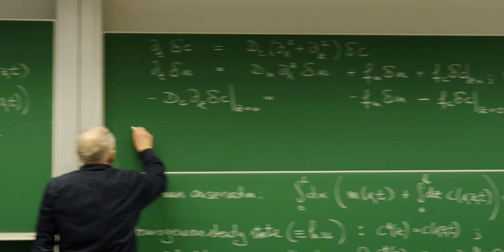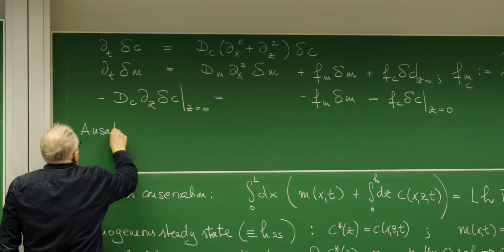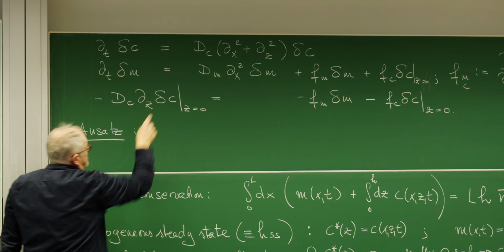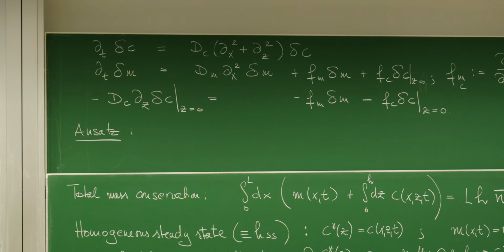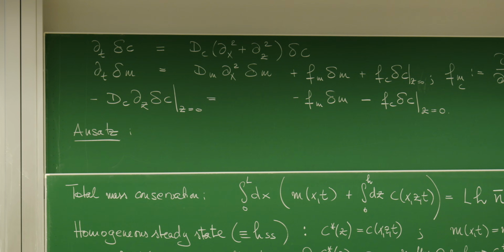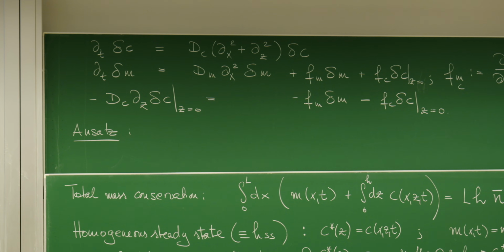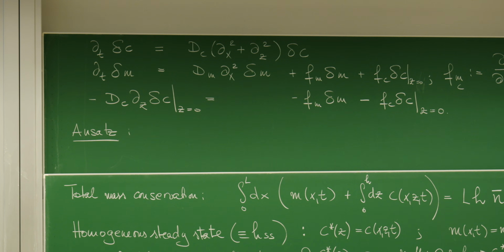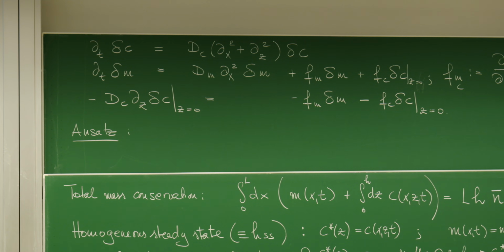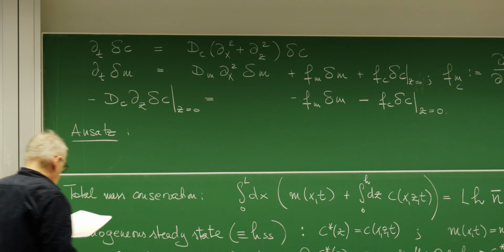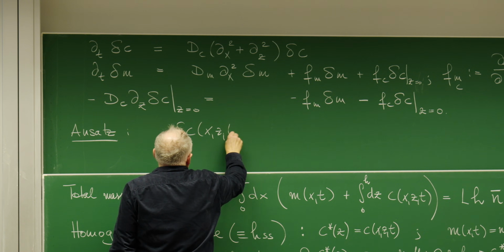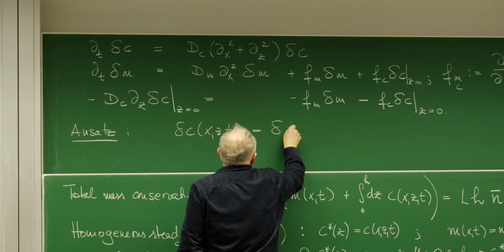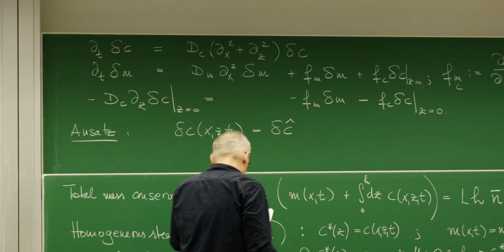And now we need to make an ansatz to figure out what the solution to these differential equations with the boundary conditions are. We have a finite domain between 0 and L with no flux boundary condition. So we can expand in trigonometric functions. And because of the no flux boundary condition, the only trigonometric functions that are relevant are the cosines. So for delta c of x and t, we have some amplitude that I call delta c hat.